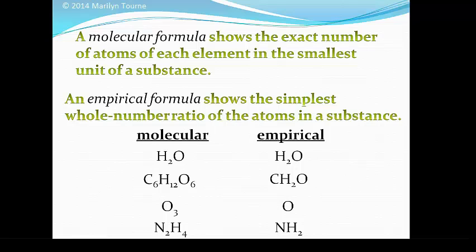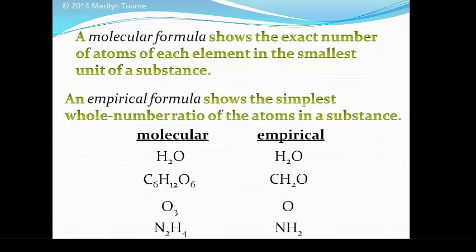Well, yeah, if you divide something into each of those subscripts, you can get something simpler. What would you divide? 6, I hope you said. So 6 can go into 6 one time, 6 can go into 12 two times, 6 can go into 6 one time for the oxygen. So you end up with something like what you see on the right, which is CH2O.